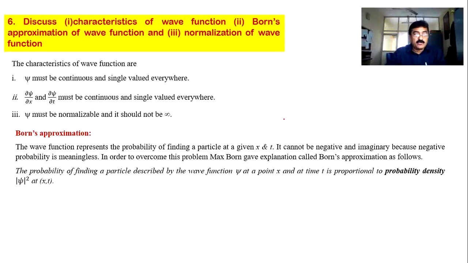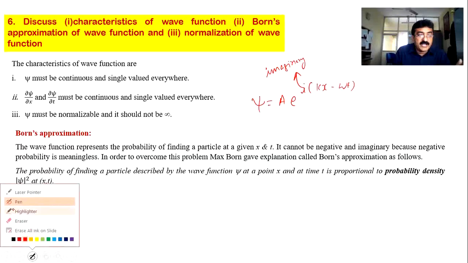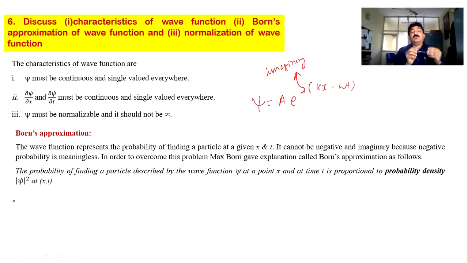Psi is equal to A into e to the power of i into (kx minus omega t). See, what is this i? It is imaginary. I am telling you probability cannot be imaginary, but in the equation I am taking it imaginary. Which one is correct? So for avoiding this, Max Born gave the following explanation, and that is called Born's approximation.